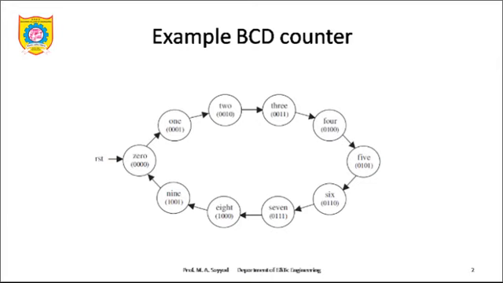Now, for this particular example, that is a BCD counter, we have to write the VHDL code. If we want to write a VHDL code for this BCD counter with the help of the FSM style that we have already studied, that is upper part and lower part. If you remember the previous lecture, the upper part was a combinational circuit and it has an input, and the lower part was a sequential circuit.